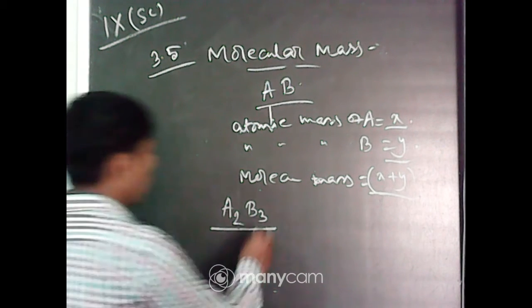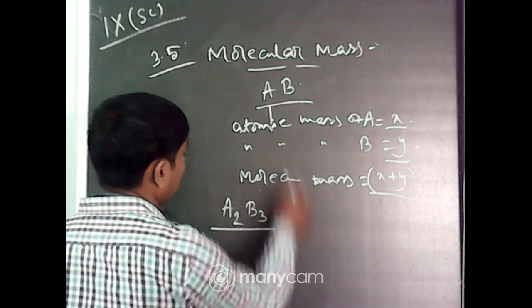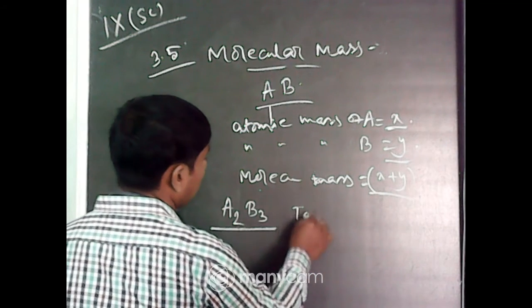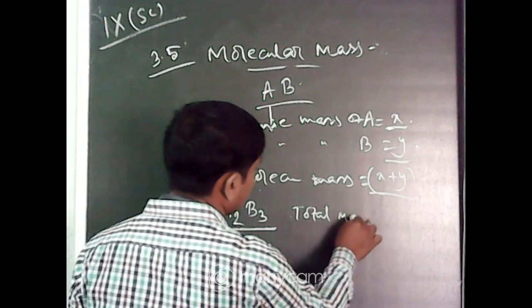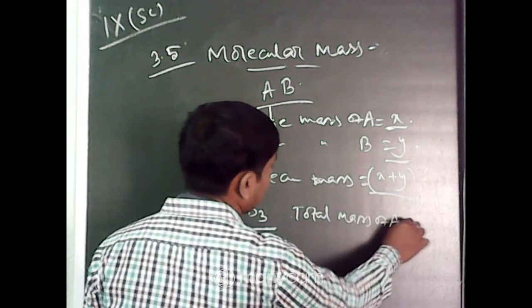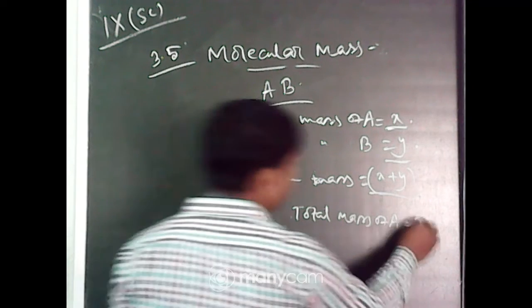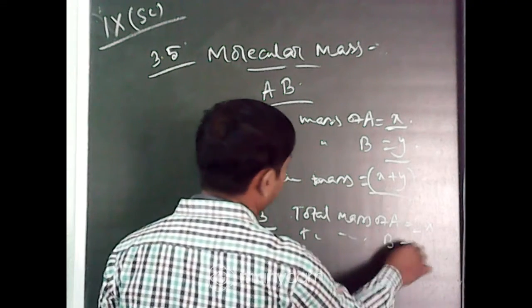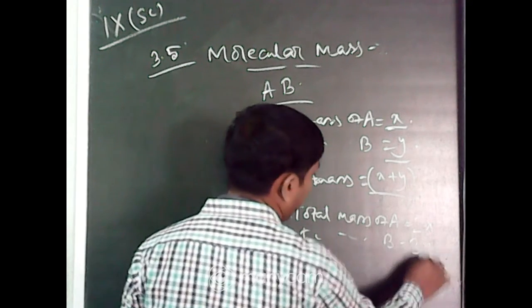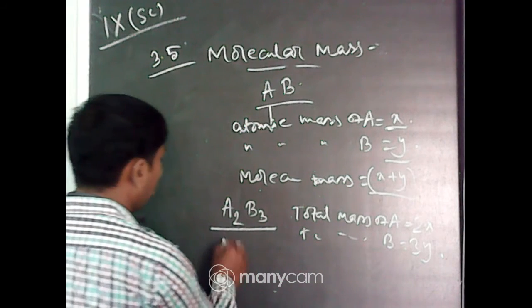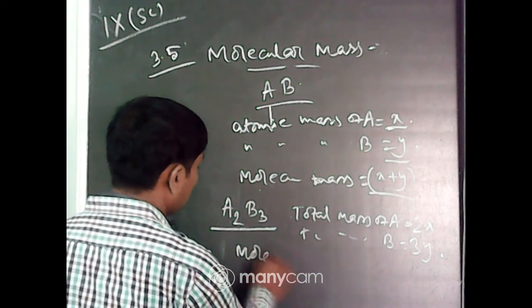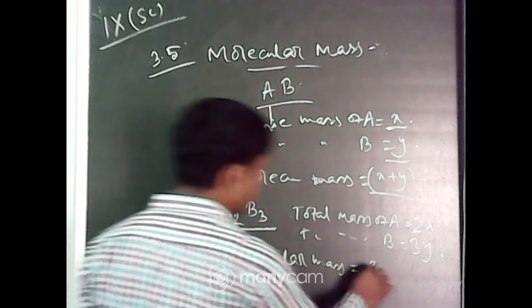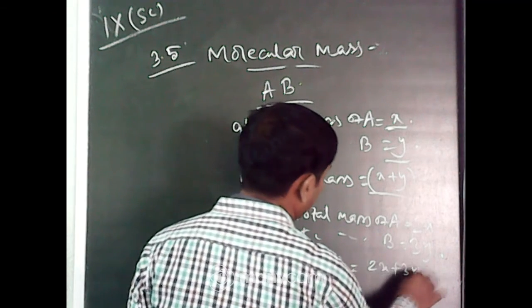No, it is not that. The atomic mass of A equals X, so the total mass of A equals 2 into X, and the total mass of B equals 3 into Y. So the overall molecular mass equals 2X plus 3Y.